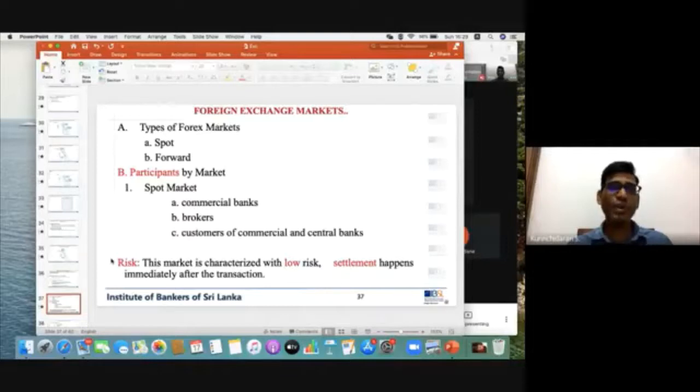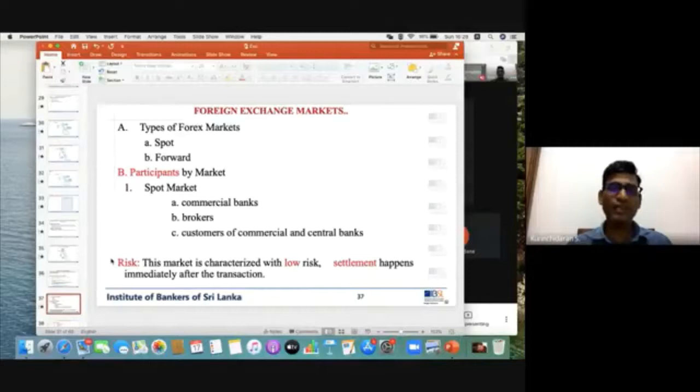In the spot market, risk is less because the settlement happens immediately after the transaction. Think of it this way: I'm going to buy dollars, so I have to give rupees. When I give the rupees, I get the dollars, so it's simultaneous.